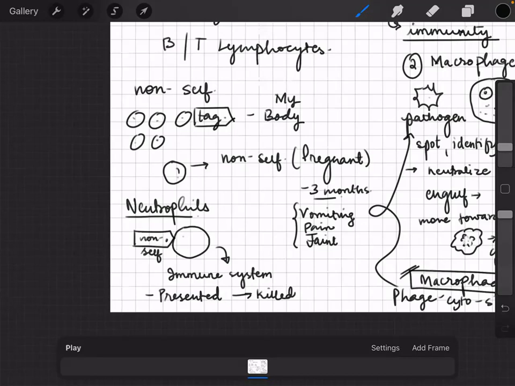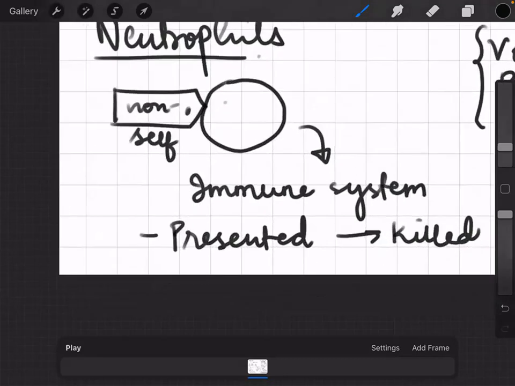What are you doing? Your job is to take the pathogen and present it to your immune system. Your neutrophils are going to do that function, and therefore they're also called presenter cells. That is the only term that we associate with them.